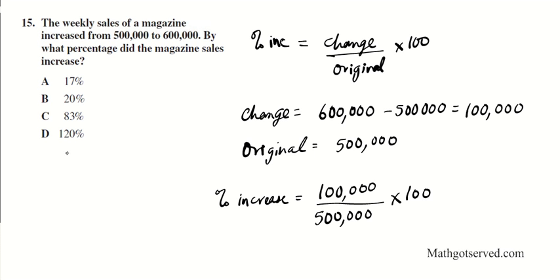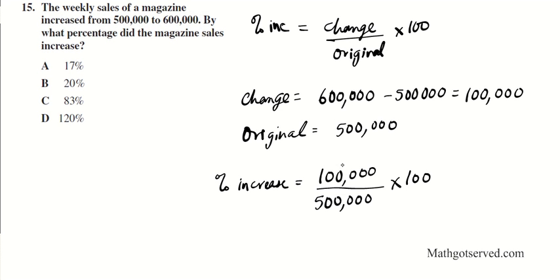Okay, now 100,000 divided by 500,000, we can just divide both of them by 100,000. So just cancel out the zeros, one from top, one from bottom. Alright, so what we just did is we divided by 100,000.